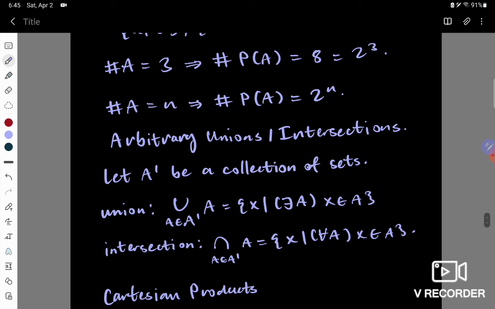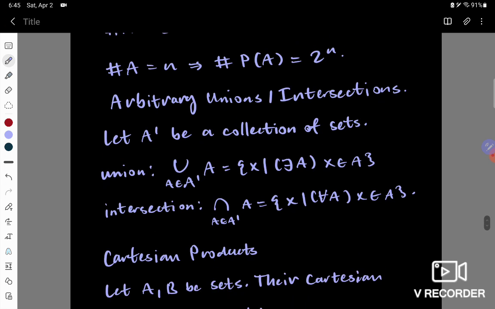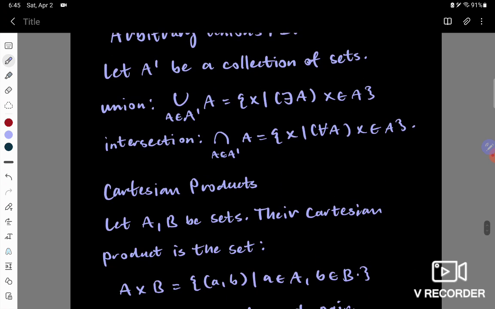Finally, let's look at this way of defining new or larger sets called the Cartesian product. The Cartesian product is written with this multiplication sign, and it's the set of all ordered pairs (a, b), where little a is in A, the first coordinate, which is the first one written here, and little b is in B, which is the second coordinate or factor.